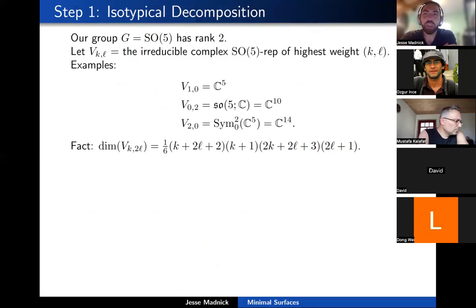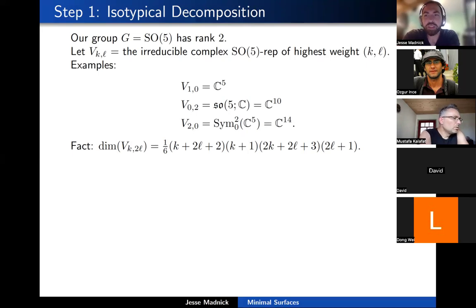Let's run this method. First of all, our group G, SO5, has rank 2. Therefore, the irreducible complex SO5 representations are parameterized by 2 non-negative integers, k and l.